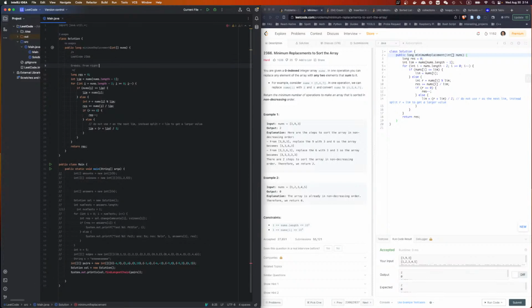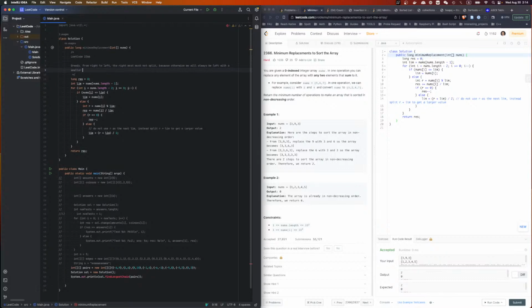From right to left, the rightmost must not split, because otherwise we will always be left with a smaller value to handle the remaining numbers.